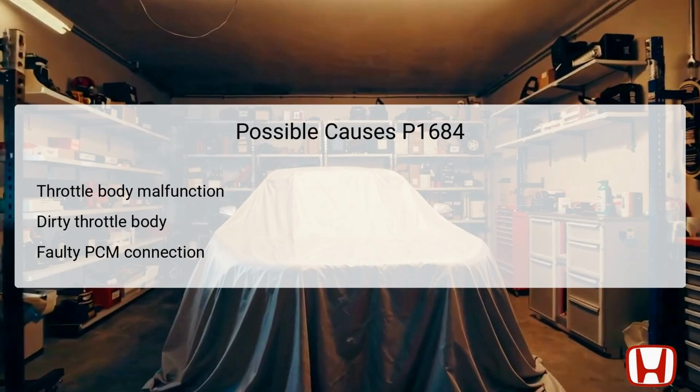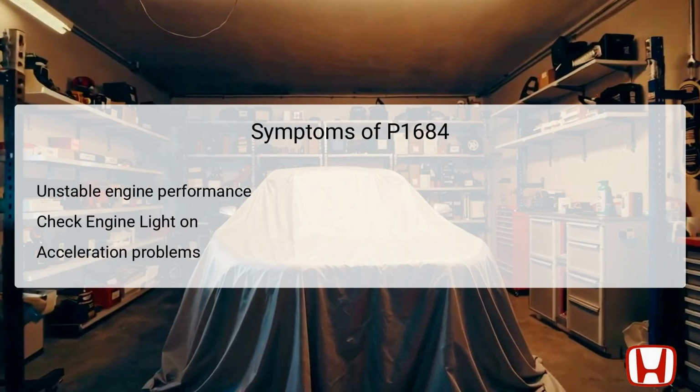When the P1684 code is present, several symptoms may manifest, which point towards throttle valve issues. One of the most immediate symptoms is unstable engine performance, where the vehicle may exhibit erratic behavior, such as stalling or fluctuating RPMs.